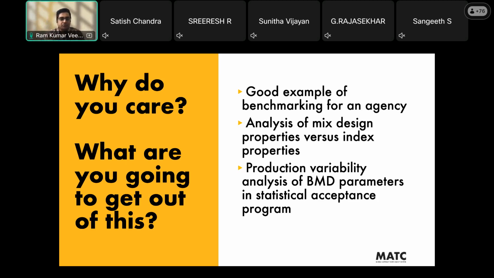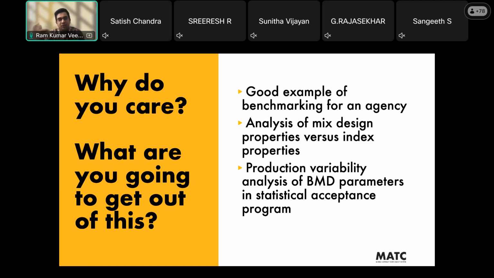And through this balanced mix design benchmarking, use that information to analyze mix design properties versus balanced mix design index properties. So how your typical volumetrics are and how the balanced mix design is comparing, how they relate to each other, so that we can understand based on this case example.